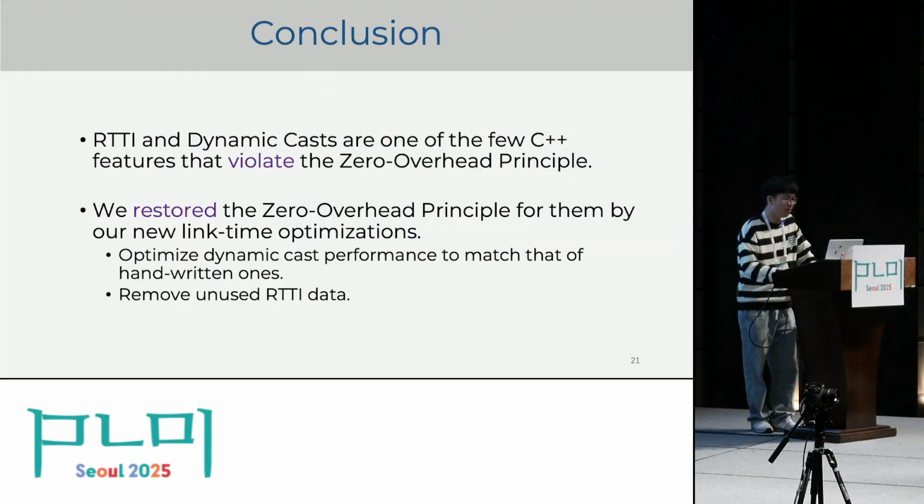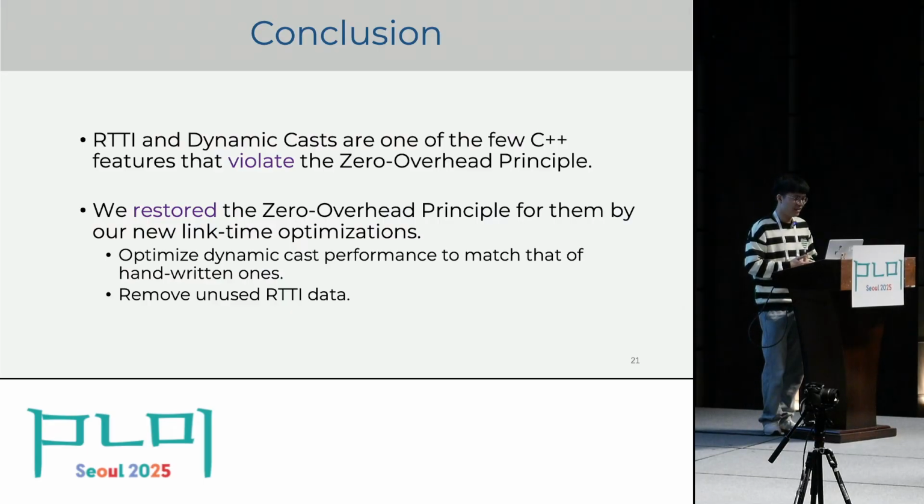Now let me wrap up with the key takeaway. Based on our study, the folklore about RTTI and dynamic cast is true, and they are among the few C++ features that violate the zero overhead principle. So what did we do? We broke that folklore using our new link time optimizations, which restore the zero overhead principle for them.